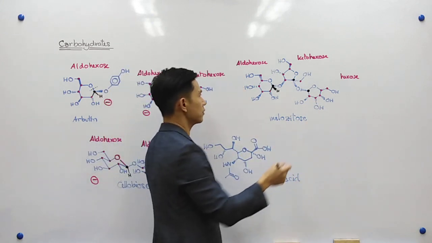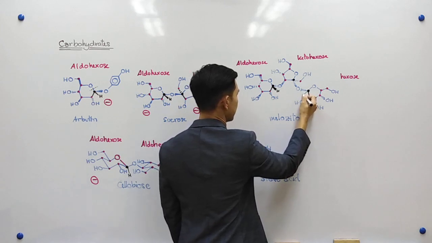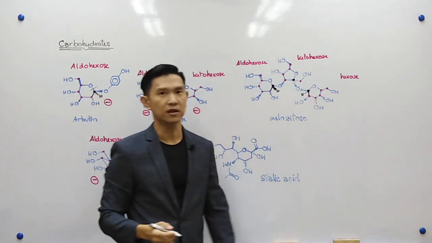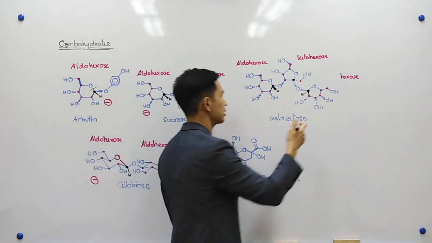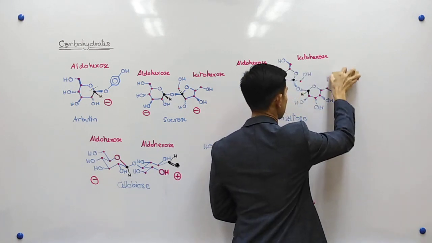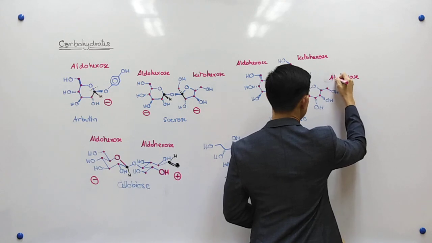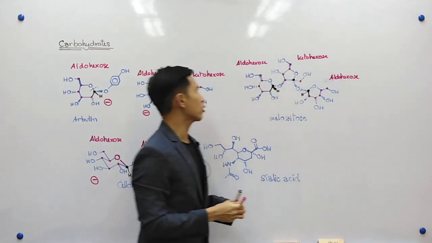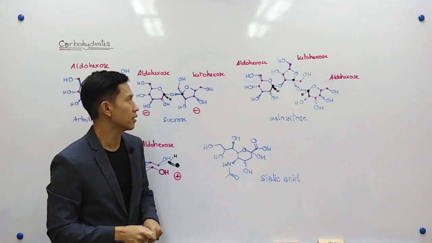Your glycosidic carbon is attached with a carbon here, and obviously the other one is a hydrogen atom. So this was previously formed as an aldehyde, and this is an aldohexose sugar. So the last ring here, number 3, is aldohexose. So you have aldohexose, ketohexose, and aldohexose connected together.